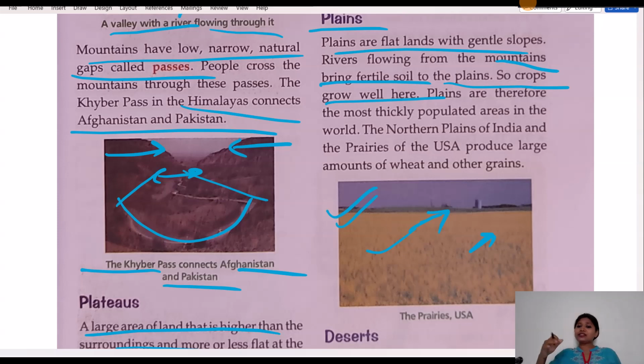So plains therefore is the most thickly populated area in the world. तो जो ऐसे इस टाइप के जो प्लेन एरियाज होते हैं, इन दिस टाइप्स ऑफ द प्लेन एरियाज people here like to live here, है ना?